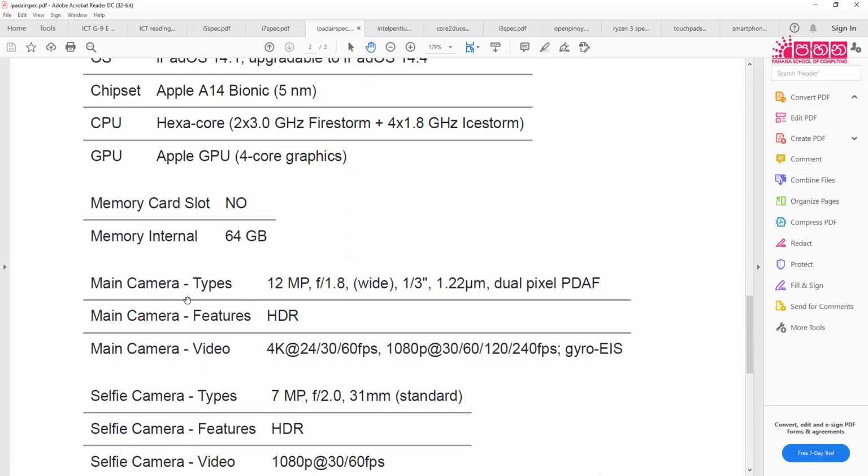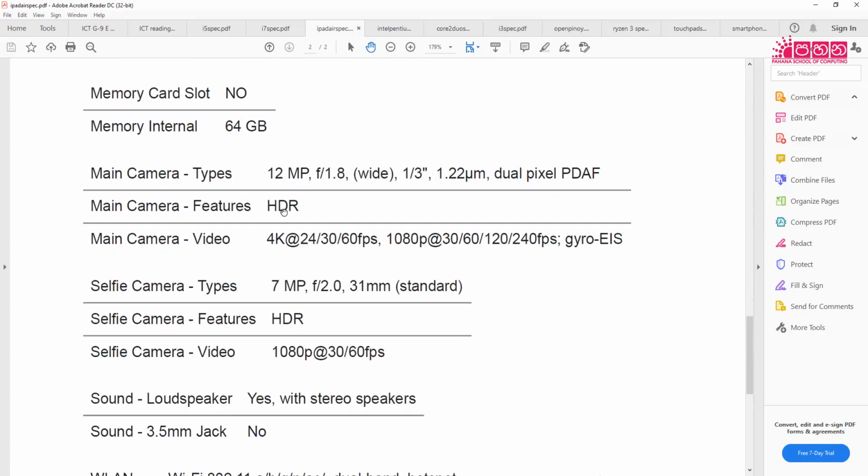Then camera types, it's a 12 megapixel camera, and it supports high dynamic range, HDR. Video quality is 4K. That's the latest, the highest possible video quality that you can get.